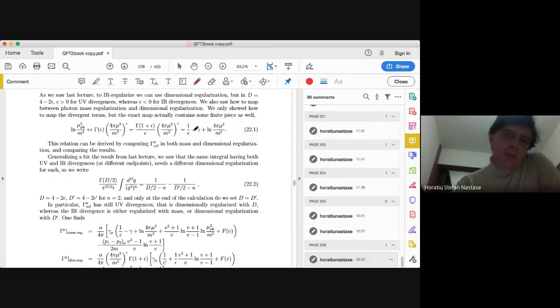We concentrated on the mu going to 0 terms, but we can check that this map really maps the one loop calculation in both regularizations.